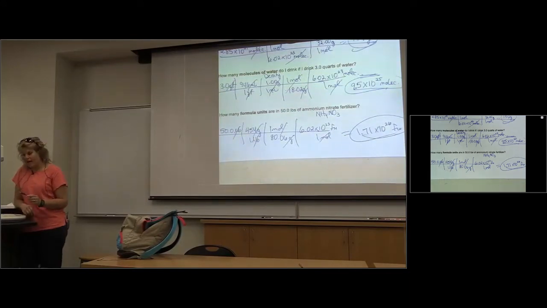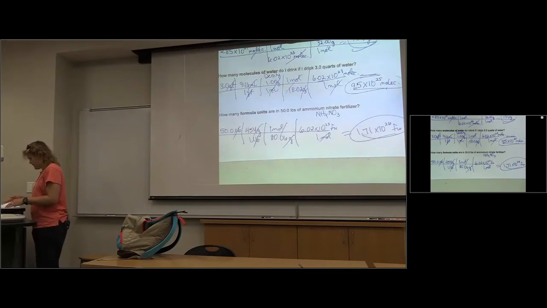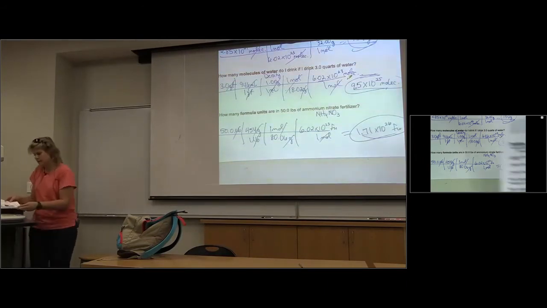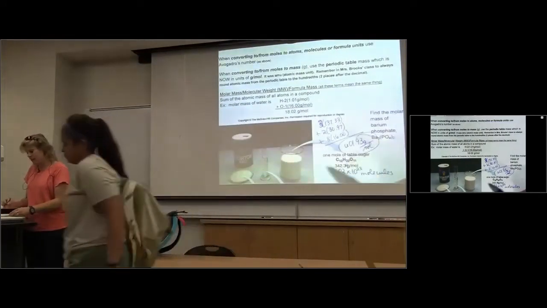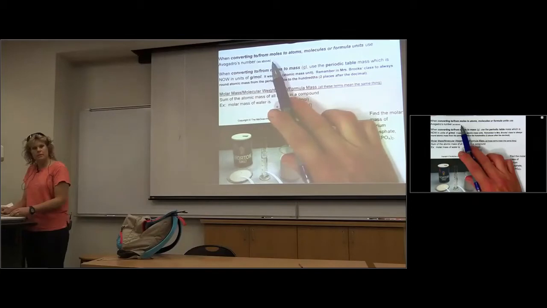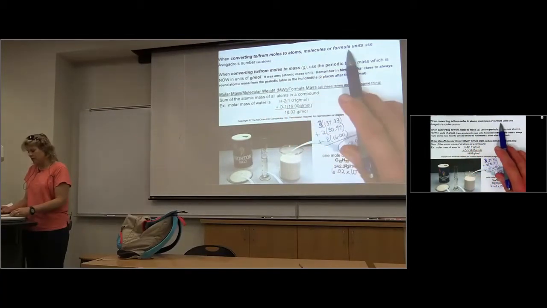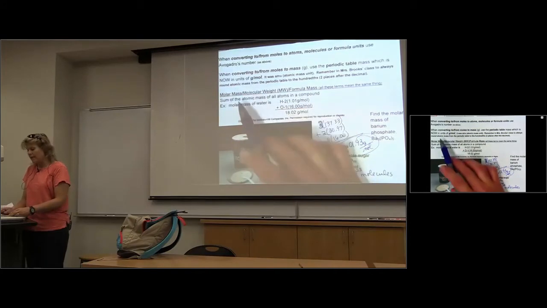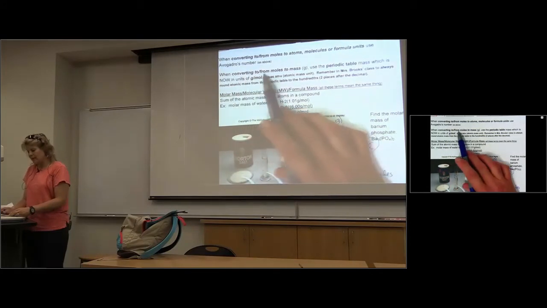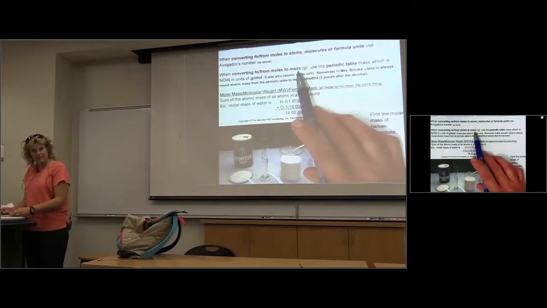So anytime, and this goes back to the page before this, when converting to or from moles to atoms, molecules, formula units, that's when you use the 6.02 times 10 to the 23rd. But anytime it deals with moles and mass, that's when you have to use the mass that you find off the periodic table.